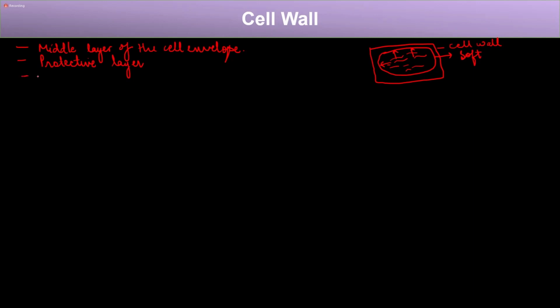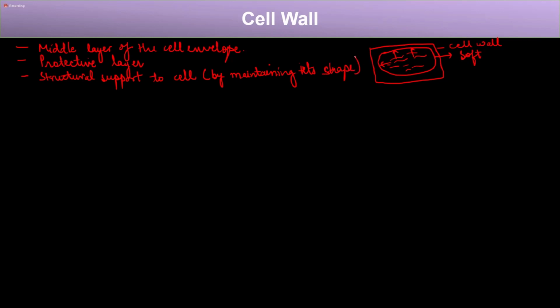Hence, it provides structural support to the cell. Its major function is that it provides structural support to the cell by maintaining its shape.